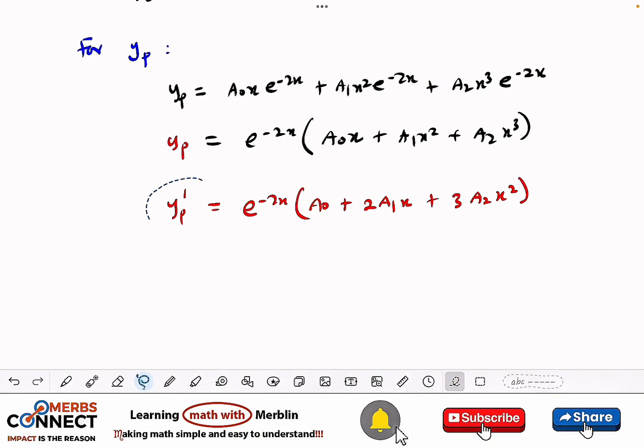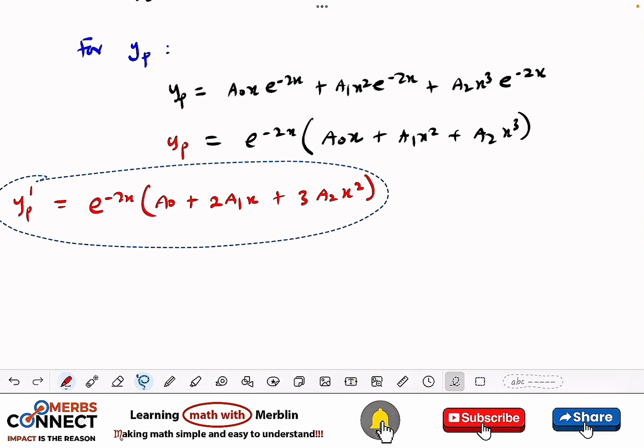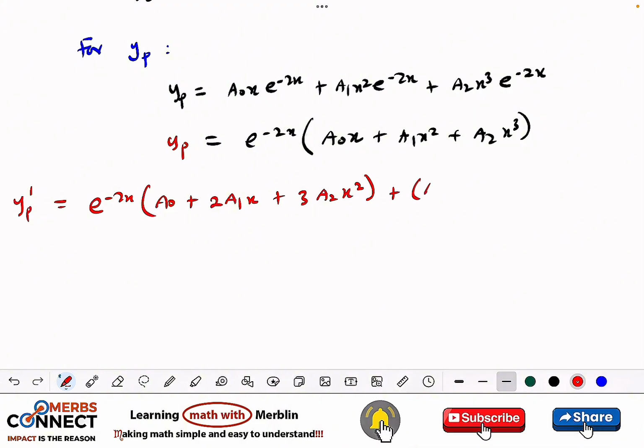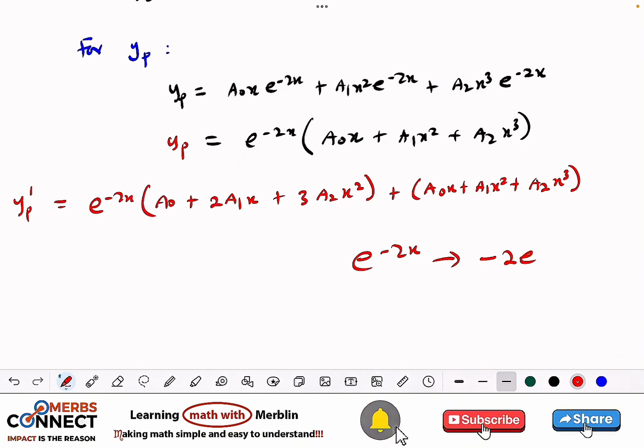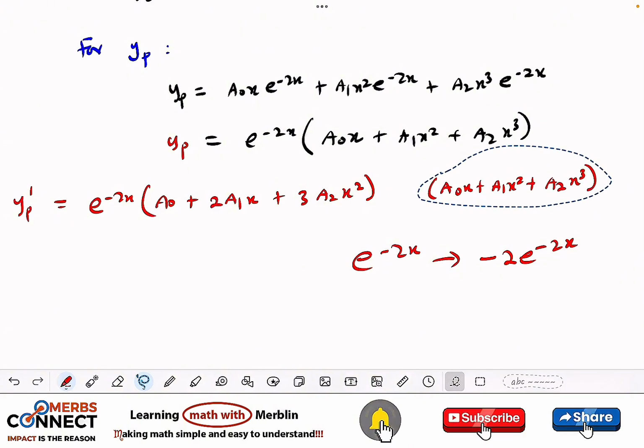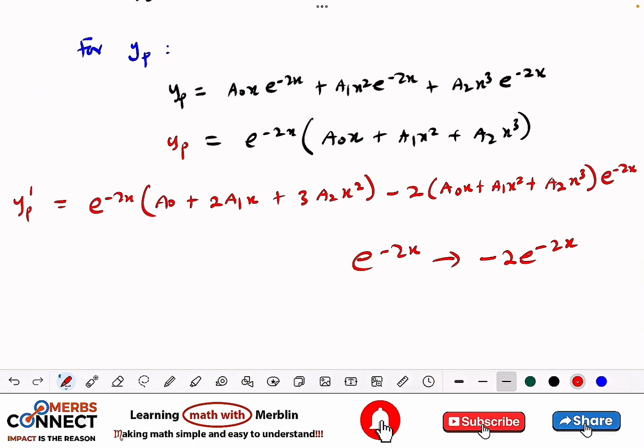Then plus, now I'll maintain a naught x plus a1 x squared plus a2 x to the power 3. I maintain this and differentiate this. And when I differentiate e to the power minus 2x, this is going to give us minus 2 e to the power minus 2x, right? So I can modify this equation here and write the minus 2 in front, then I have e to the power minus 2x here. So this will be the first derivative.